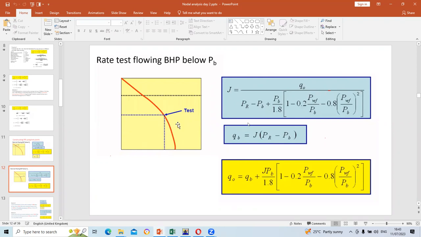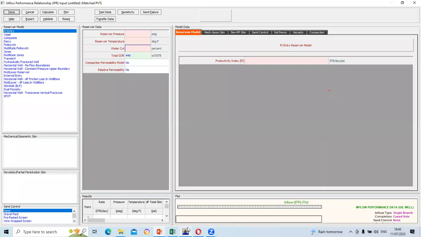So I will use all of this now to calculate the value of J. From there, I'll calculate the flow rate at the bubble point. Then I will use this equation now to generate our IPR. So in order for you to use the Vogel equation to generate the IPR, you must know the test point value. So I'll go now to our software.